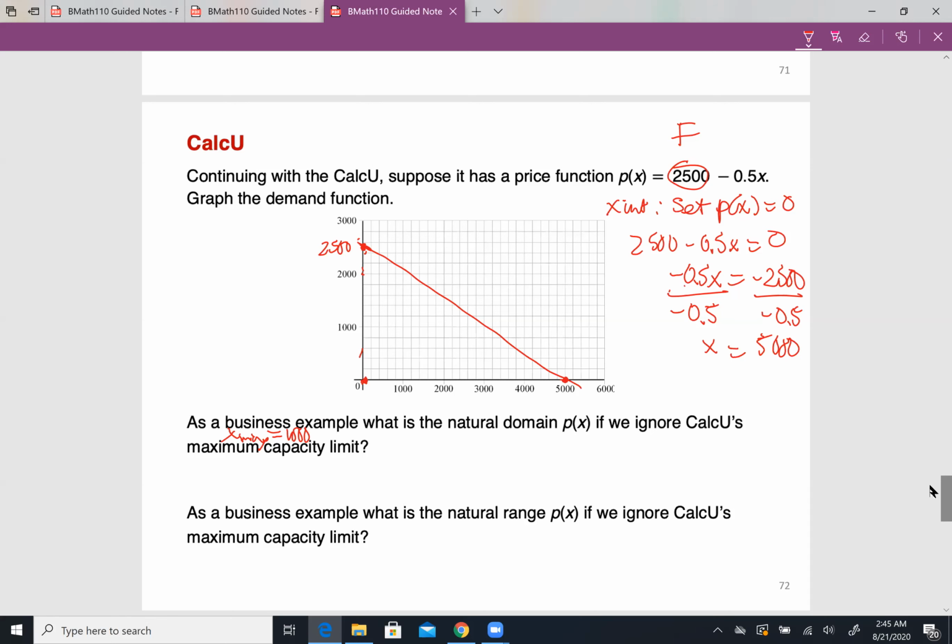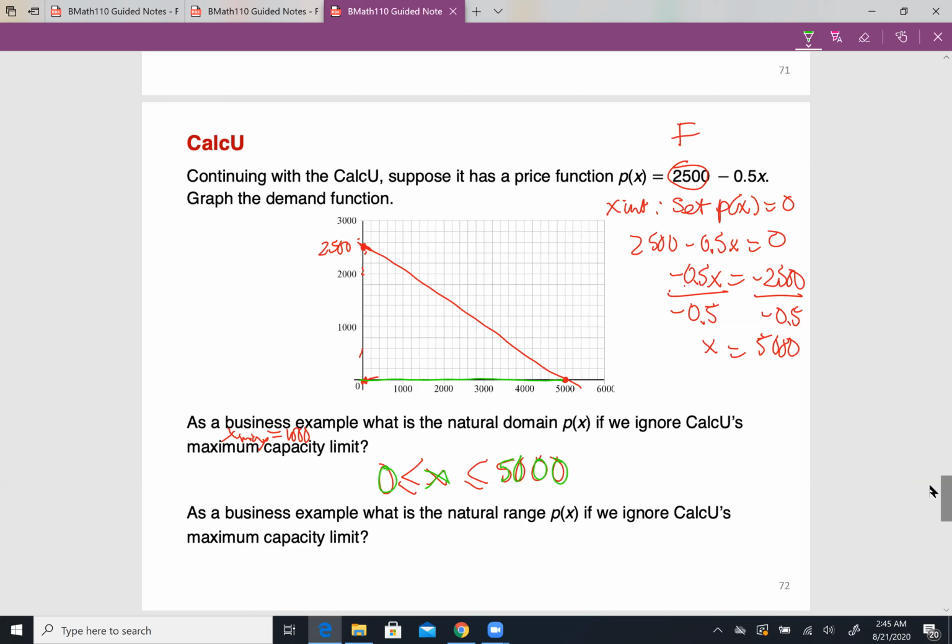So I'm going to say x is from 0 to 5,000.